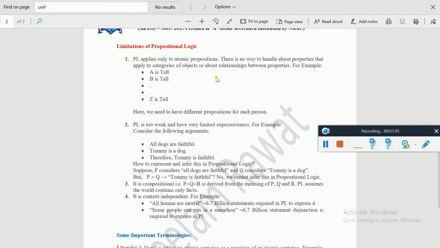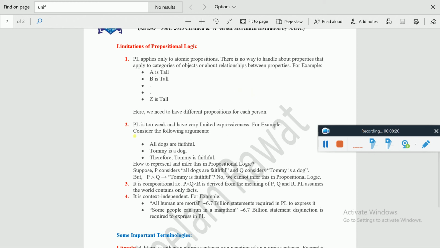There is no way to handle categories, or the relationships between objects. For example, if I said A is tall, B is tall, and there are 100 students who are tall, I need to write the propositions for each person. There is no definite rule to represent all the objects of the same category. So this is one of the limitations in propositional logic.